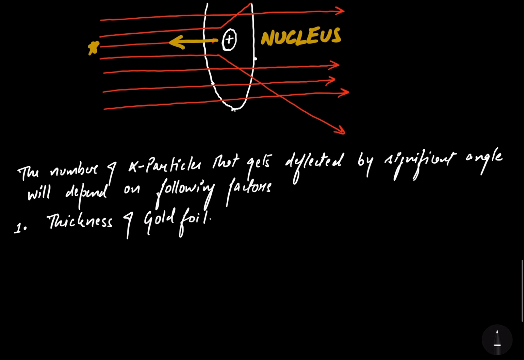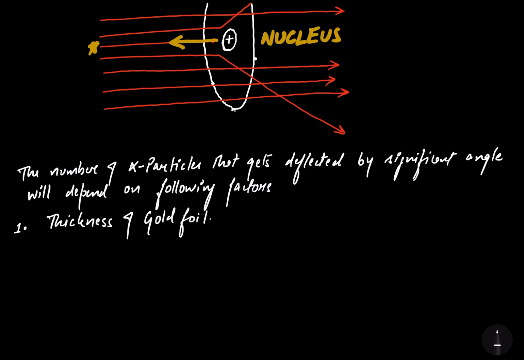If we increase the thickness of gold foil, then there will be more layers of atoms of gold in the gold foil. Obviously, if there are more atoms, then there will be more nuclei. The more nuclei, the more deflections will be there. So the number of alpha particles getting deflected will be more if the thickness of gold foil is increased.